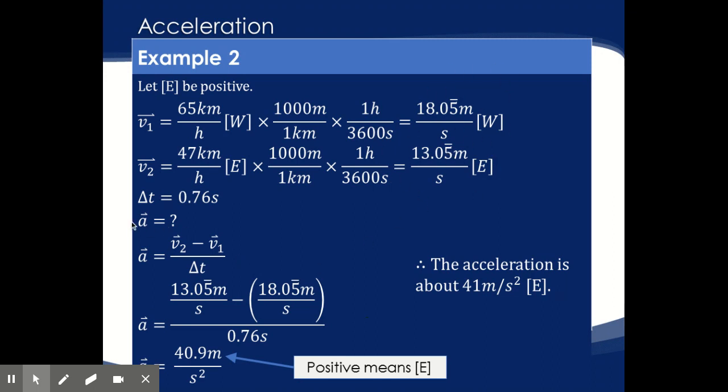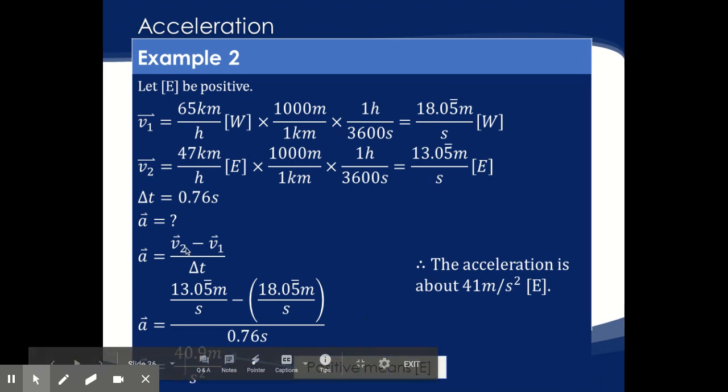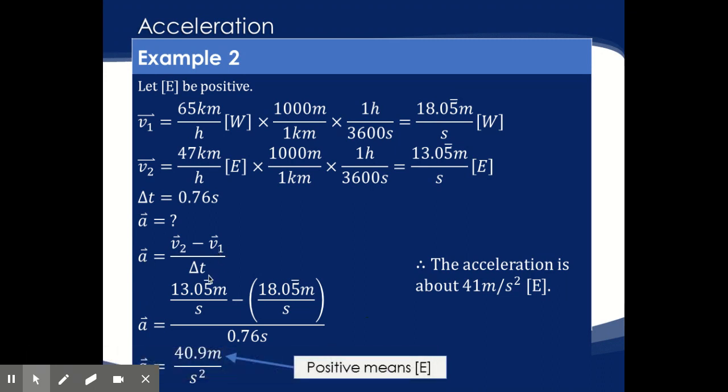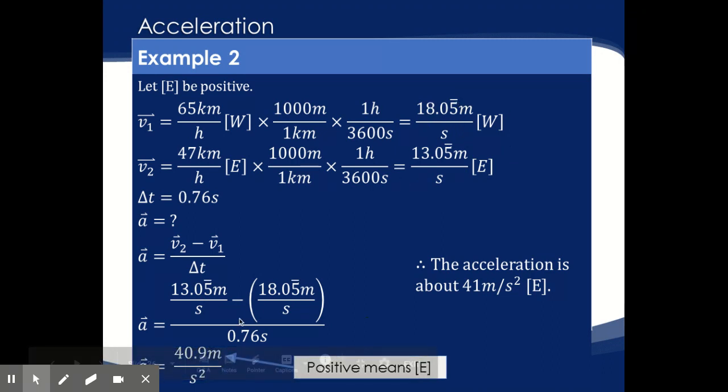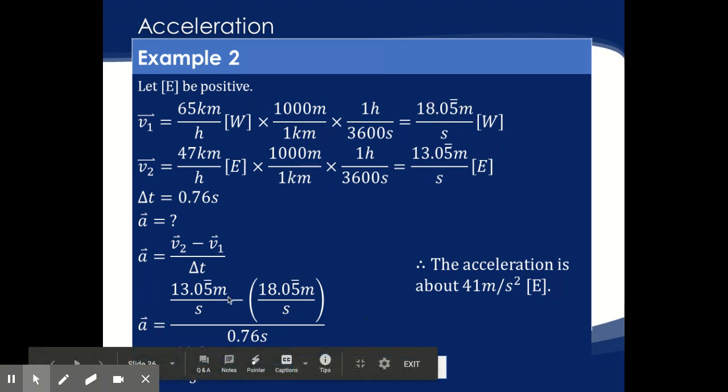So for acceleration, we know we're going to use this formula. So we have final velocity minus initial velocity over the change in time. So we know that our final velocity is 13.05. That's what we put here. The initial velocity is 18.05, which is what we put here. So we're subtracting the two, and that's all over the time.